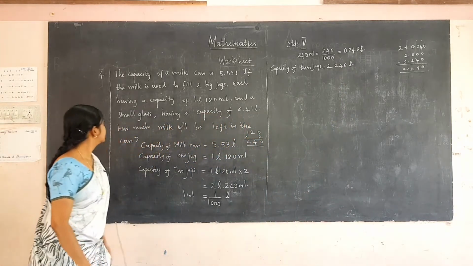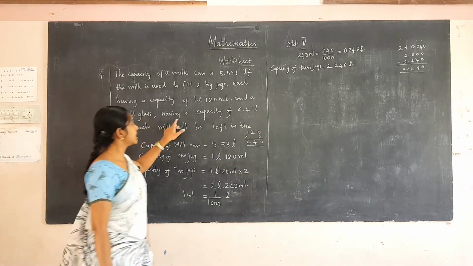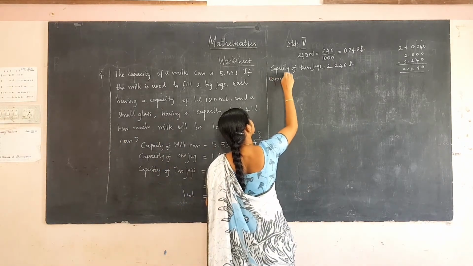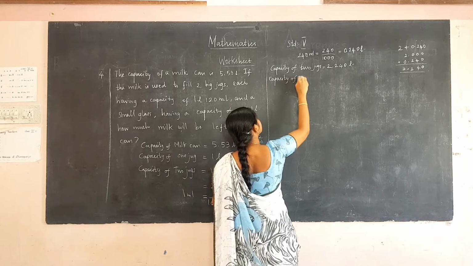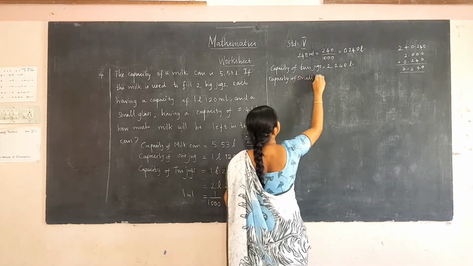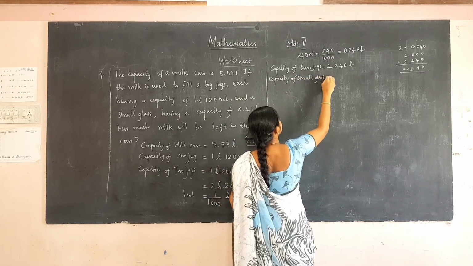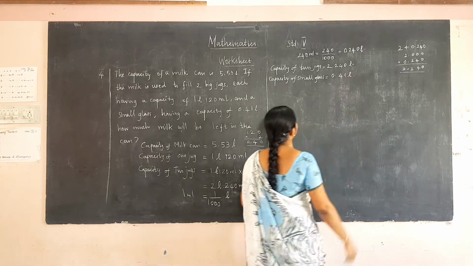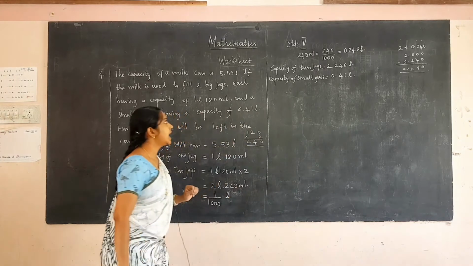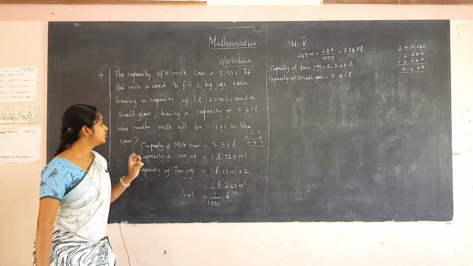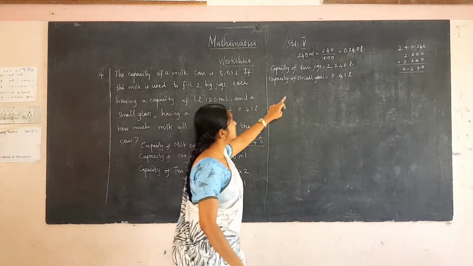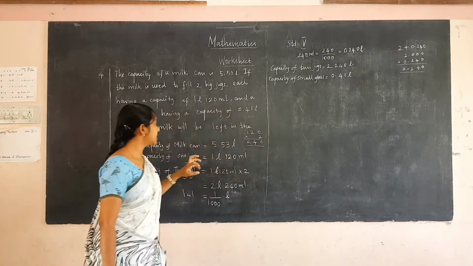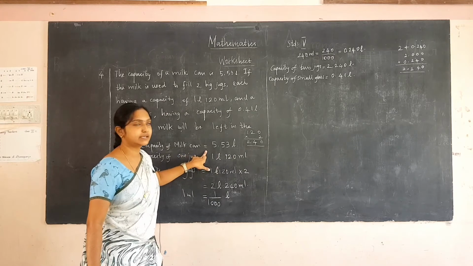Next, capacity of small glass is given. It is 0.41 liter. Now what we have to do? We have to add the capacity of 2 jugs and small glass, and then with that answer we are going to subtract it from capacity of milk can.